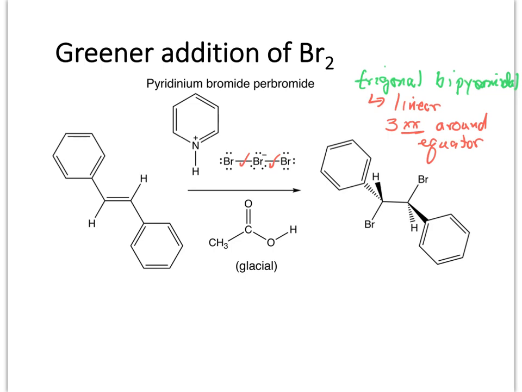And so we're going to generate our bromine from the decomposition of this pyridinium bromide perbromide.